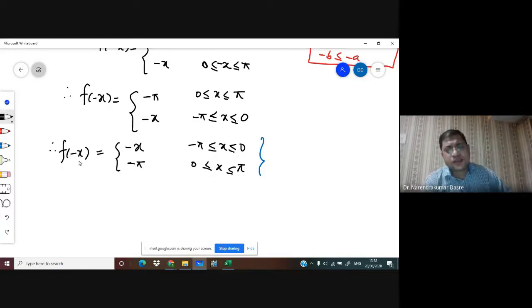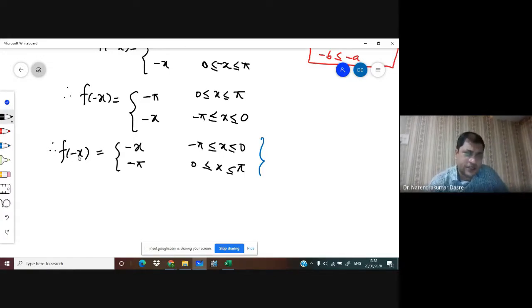So this f of minus x is neither related to f of x nor to minus f of x, and hence this function is neither even nor odd.